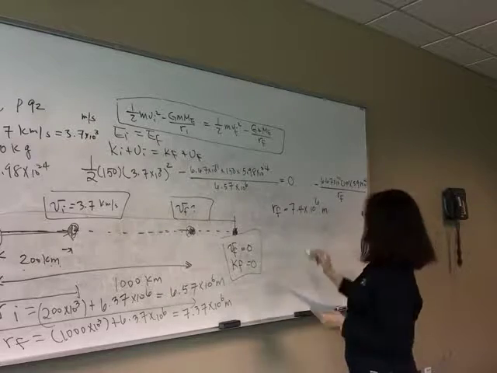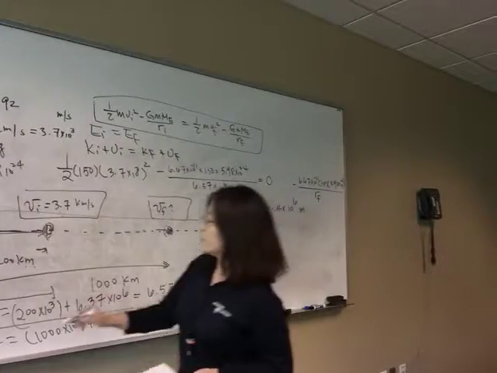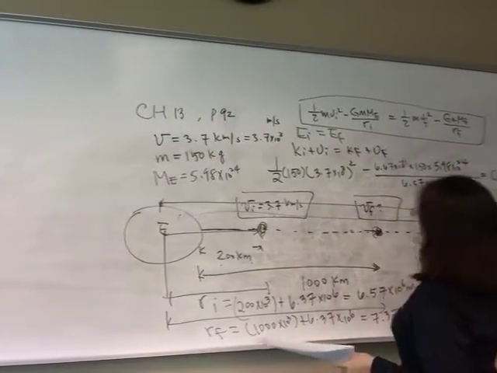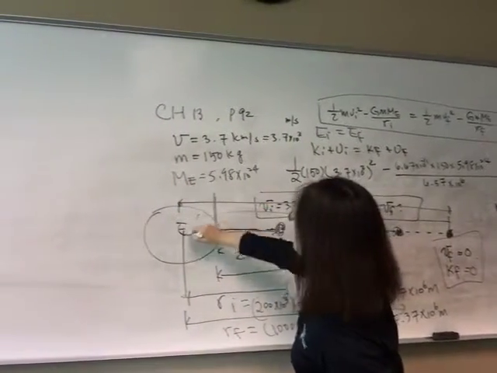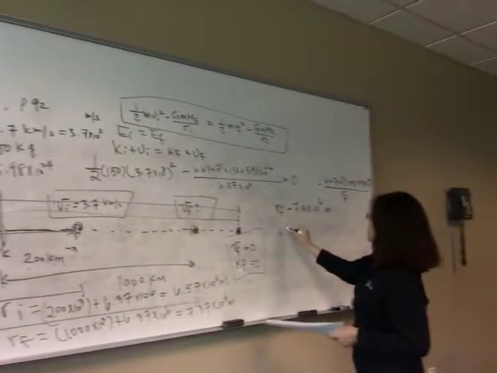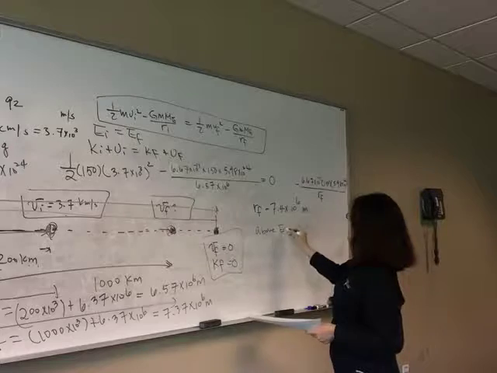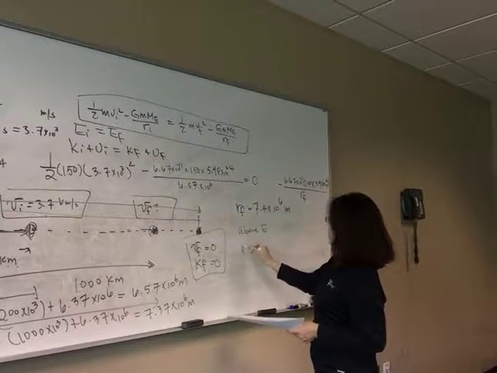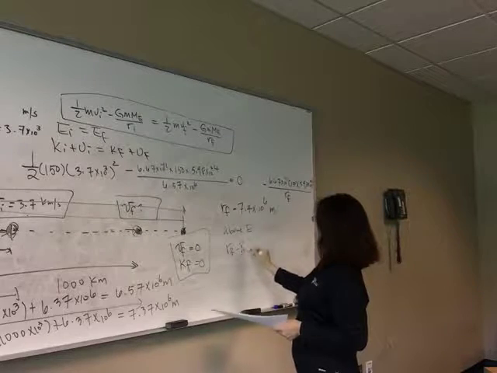Okay? And then, the RF is from the center of the Earth all the way to that point. So you need to subtract the radius of the Earth to get the right answer. So above the Earth's surface, that will be your RF minus the radius of the Earth.